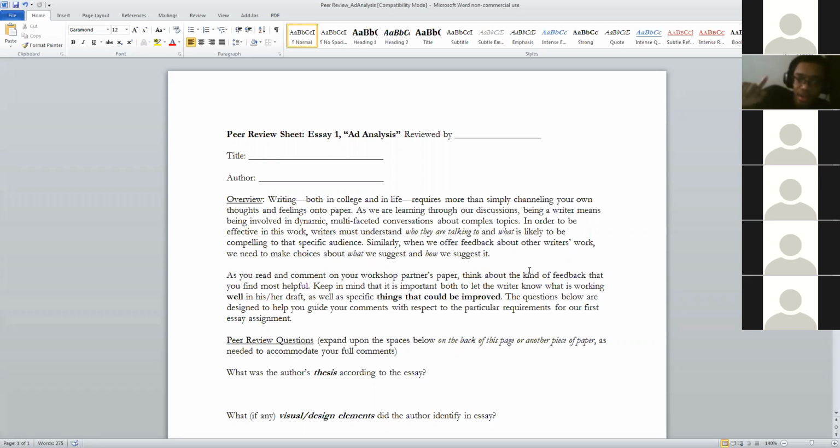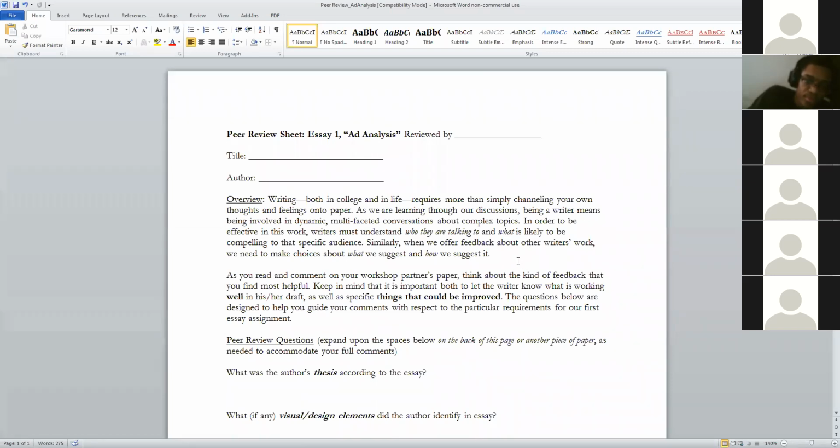So one more time, I'm going to ask you to bear with me as I read through this text scroll. Writing in both college and in life requires more than simply channeling your own thoughts and feelings into paper. As we are learning through our discussions, being a writer means being involved in dynamic, multifaceted conversations about complex topics.